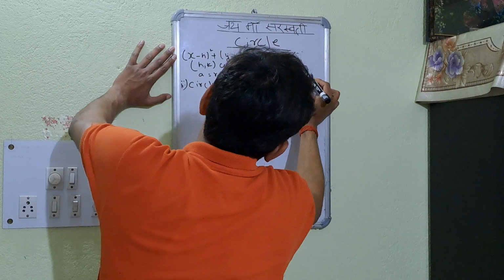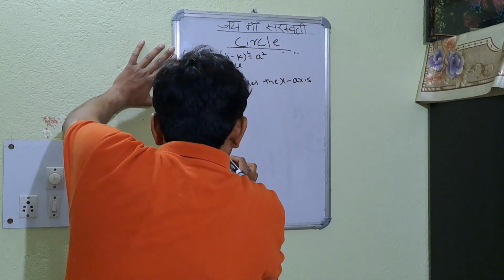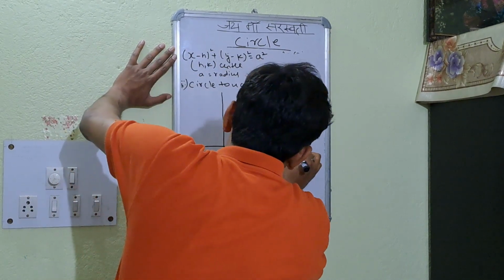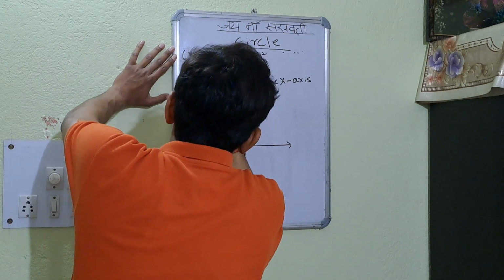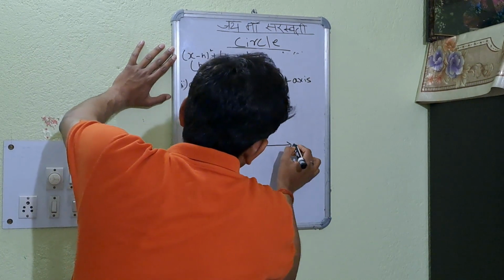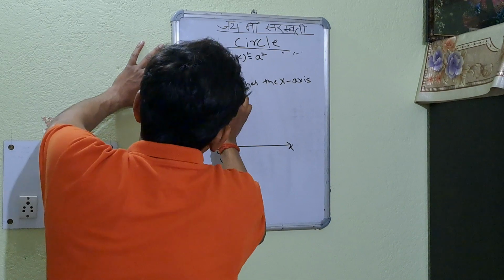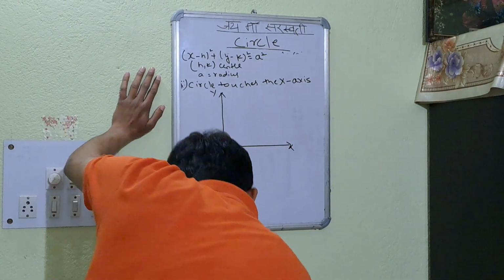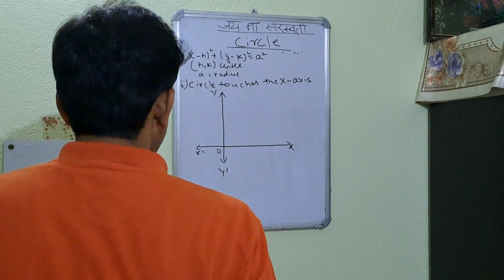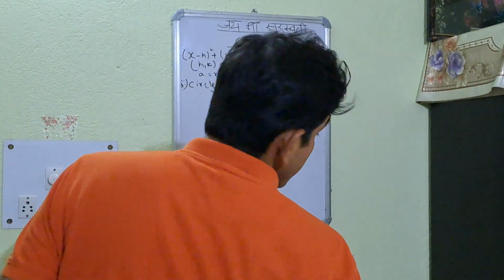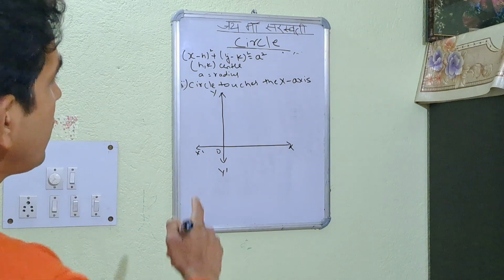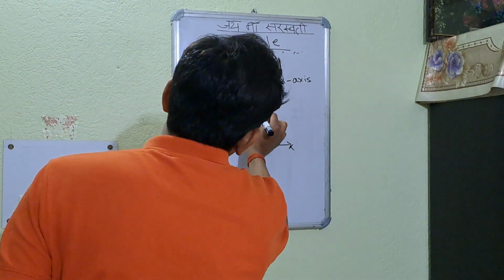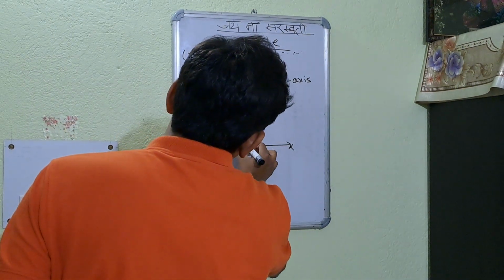In this case, we will draw a coordinate axis comprising the x-axis and y-axis. Understood? Whenever the circle touches the x-axis, the figure will be like this.